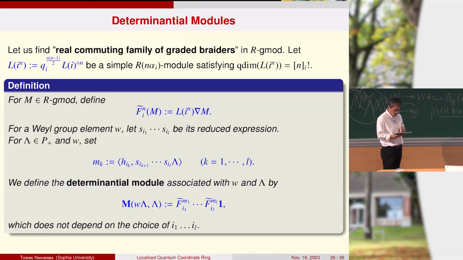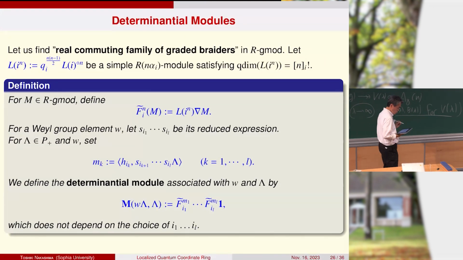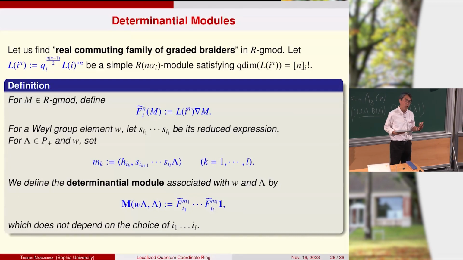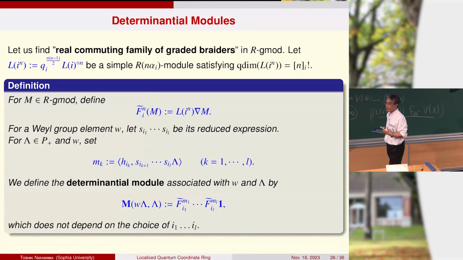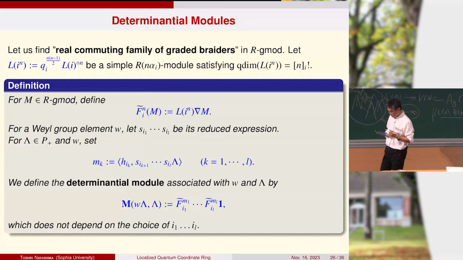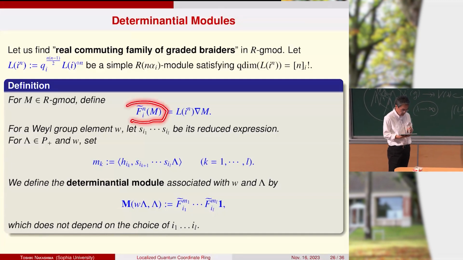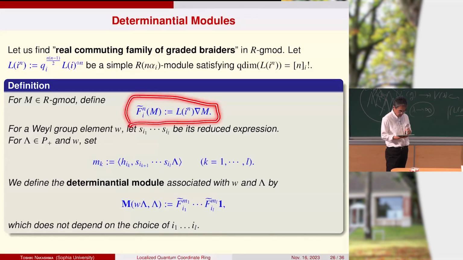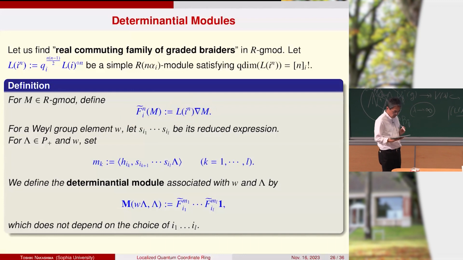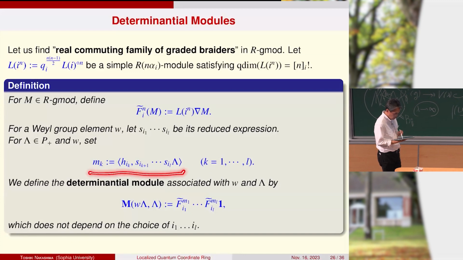Indeed, its q dimension is just q factorial. So this plays the role of q factorial in usual quantum group theories. Here we consider fi tilde n to m like this. Here's the head of this convolution product of these things. And we set mk like this. Here lambda is a dominant weight.